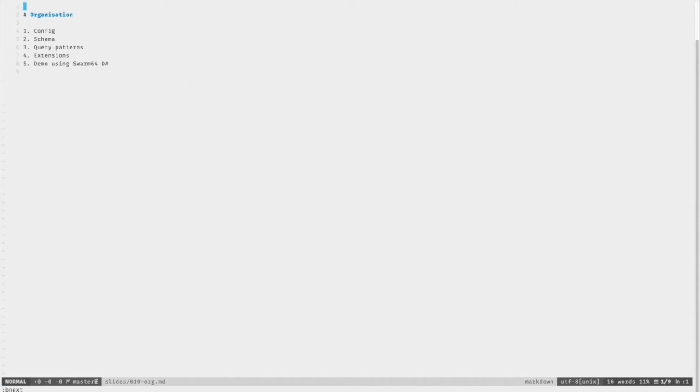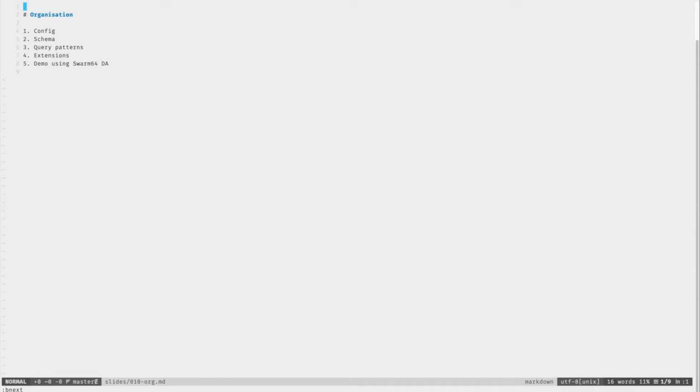A bit of housekeeping and organization. I try to break this down into 5 different parts. We start with config, and I'm going to talk a bit about the config. Then I give you some recommendations on how you can improve your schema and make it more ready for OLAP workloads, or even how you can consider putting OLAP and OLTP workloads together and get what Gartner coined as HTAP, which is becoming much more of interest now, and for which Postgres, we think, is the best tool in terms of open source tooling.